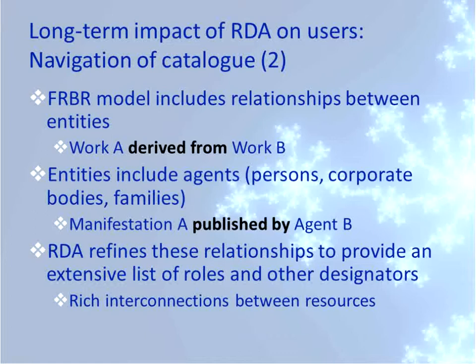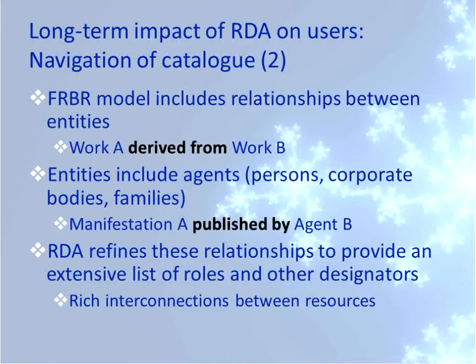So we can have a situation where work A is derived from work B, or conversely, work B is the source of derivation of work A. And FRBR provides a fairly rich set of high-level relationships to relate these resource entities together.